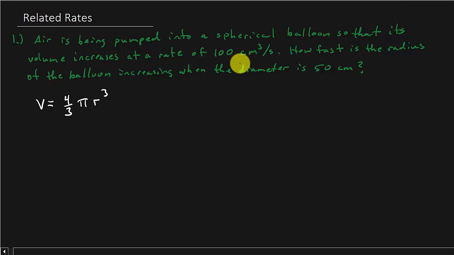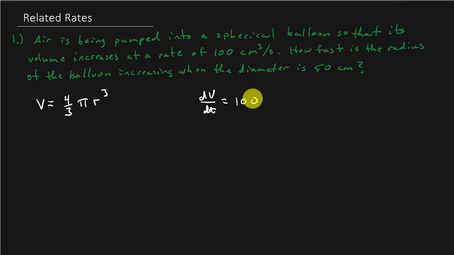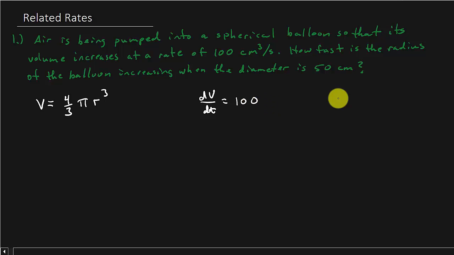That tells us how the volume's changing. Remember, the derivative is a rate of change. So dV/dt is equal to 100 cubic centimeters per second. I'm just going to write the 100. You can put cubic centimeters per second if you want.